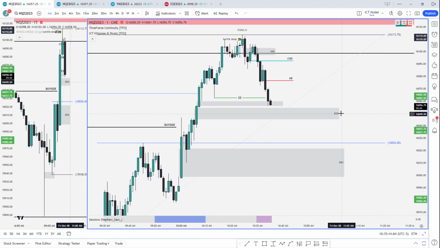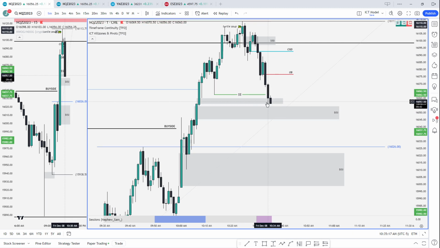Looking at it with a clear head, we for sure should fill this gap. I don't want to see it just bounce off this tiny one. And there's the fill. There you go. Order canceled. Quick scalp to BISI.